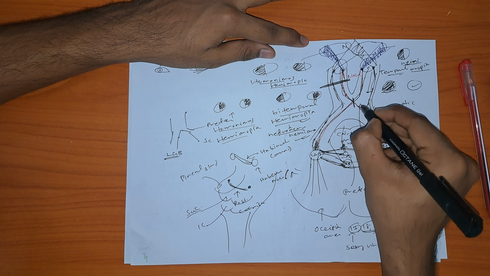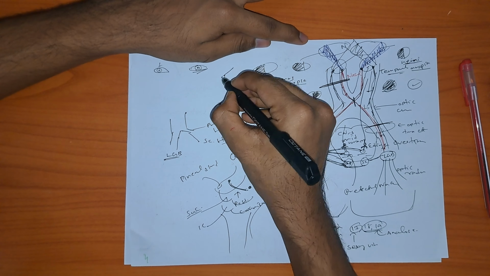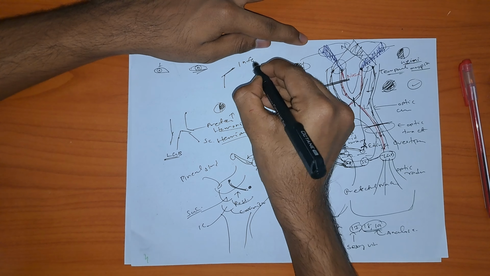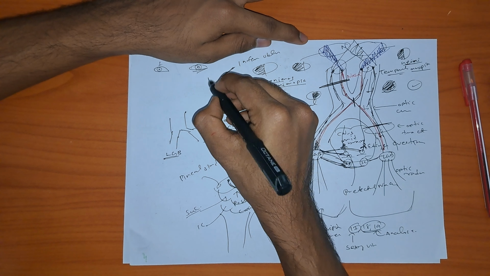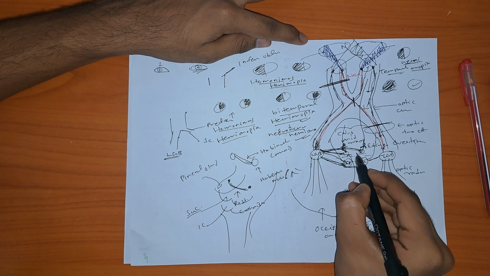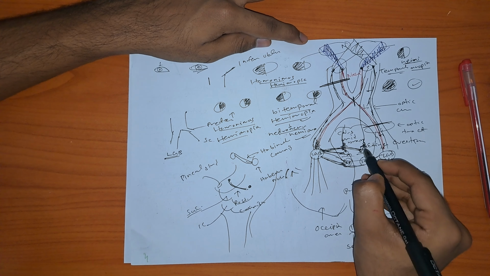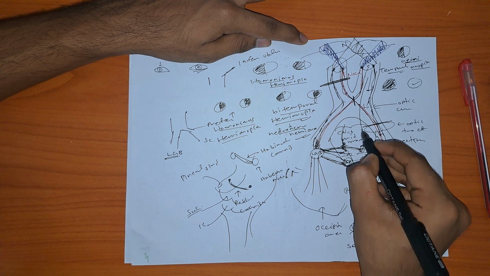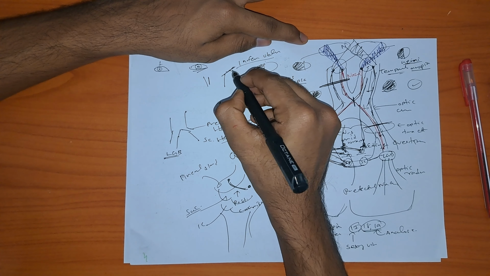This will go here like this, and the oculomotor nerve branches to the inferior oblique, and it will go on both sides. As this is supplying both sides of the pretectal nucleus, both sides of the Edinger-Westphal nucleus will be stimulated. From that it will go to the inferior oblique muscle on both sides.